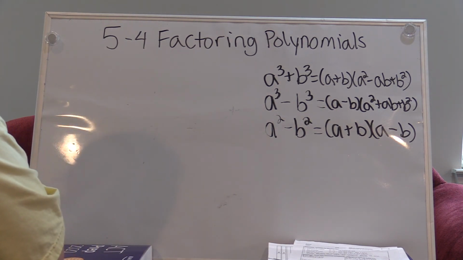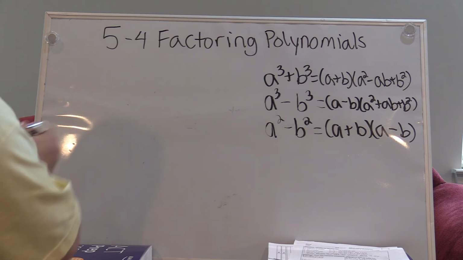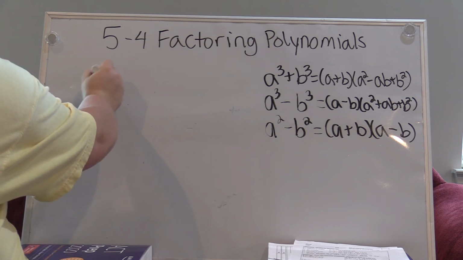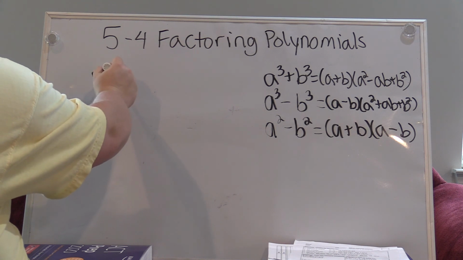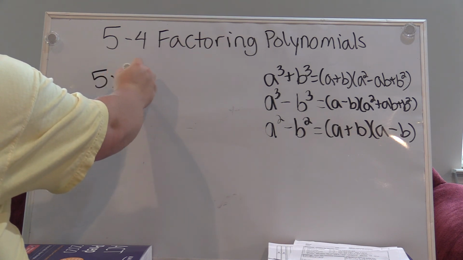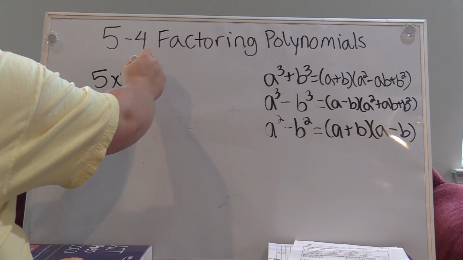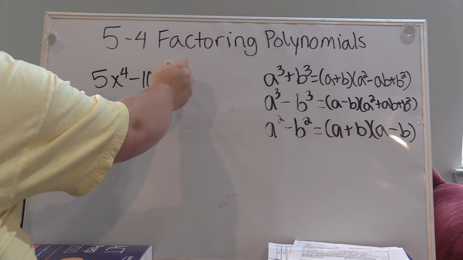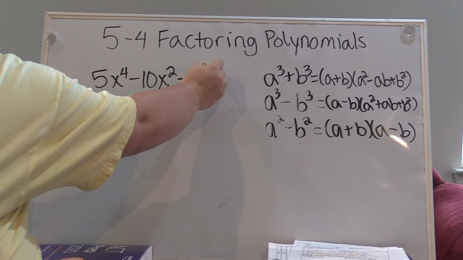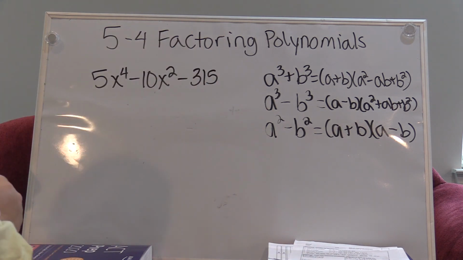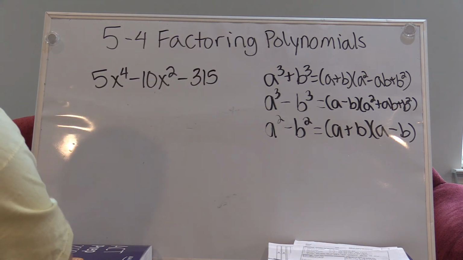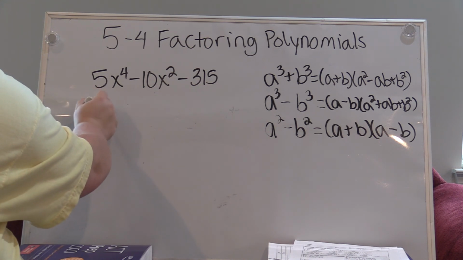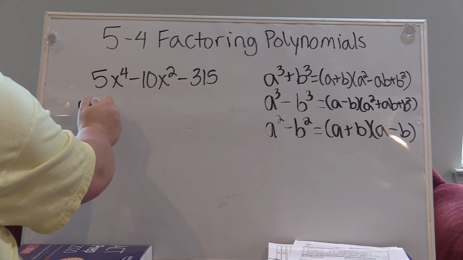So now I have 5x to the fourth minus 10x squared minus 315. So my greatest common factor here is 5.